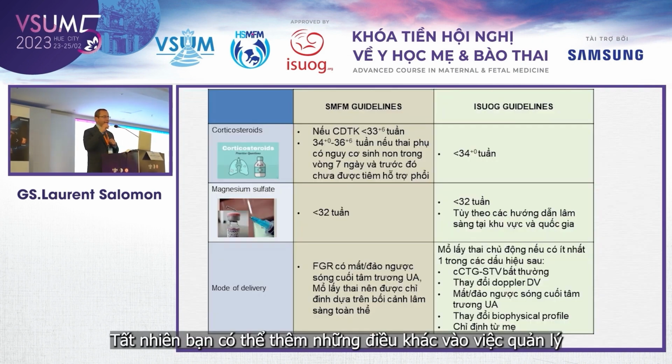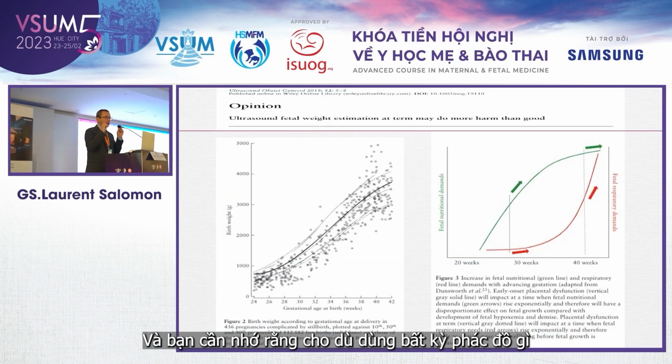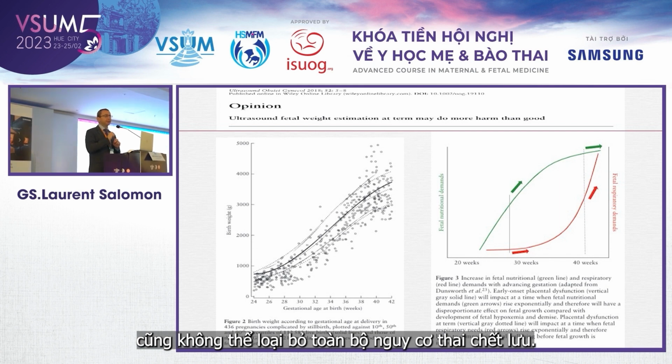Of course, you may add other things in your management, including magnesium sulfate or steroids to improve the outcome of the baby. And you have to remember that whatever your protocol, you will never be able to avoid all intrauterine fetal demise. That will still occur whatever your protocol.